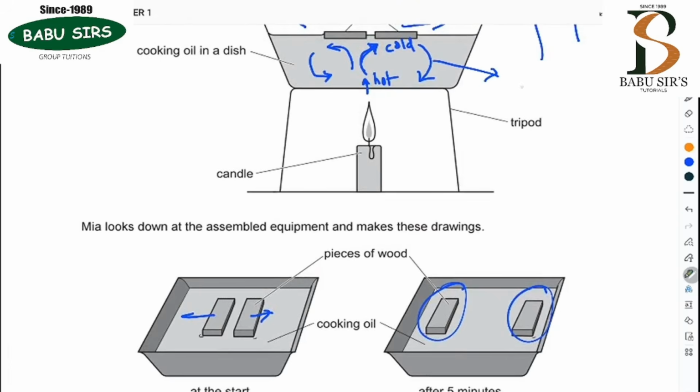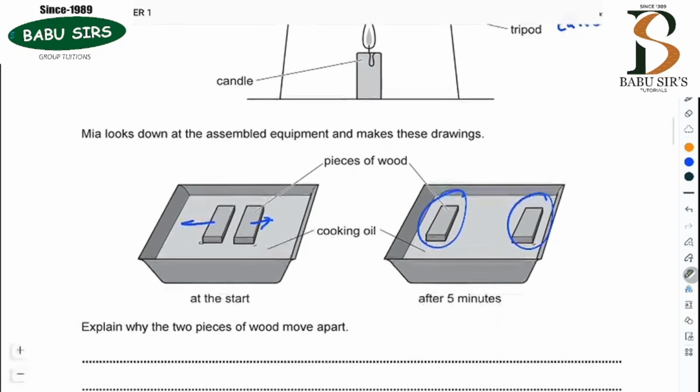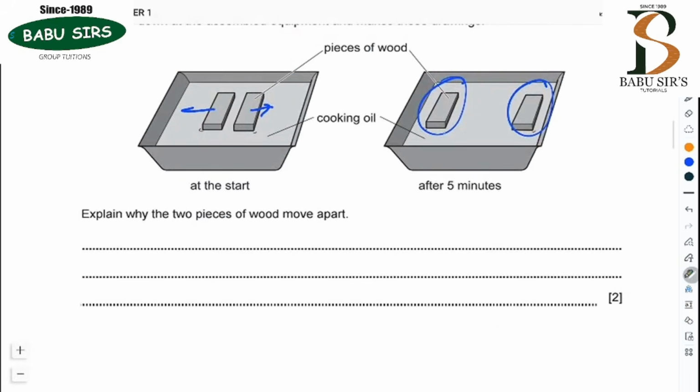Now, this is called convection current. Convection current means the lower part gets hot, it goes up, and the upper part, which is cold, comes down. So you can see the movement of both the currents. And because of that, this wood moves apart. So you can write here convection current.